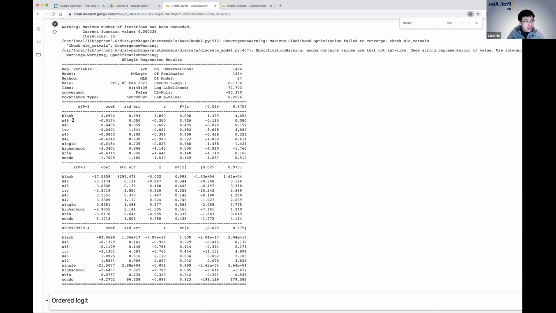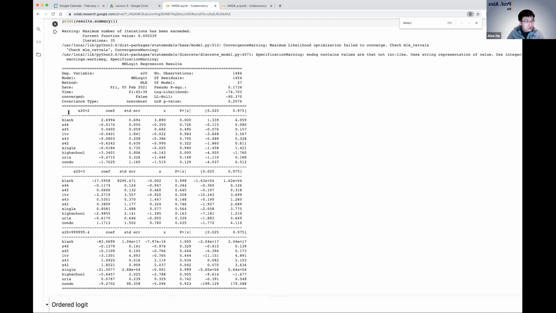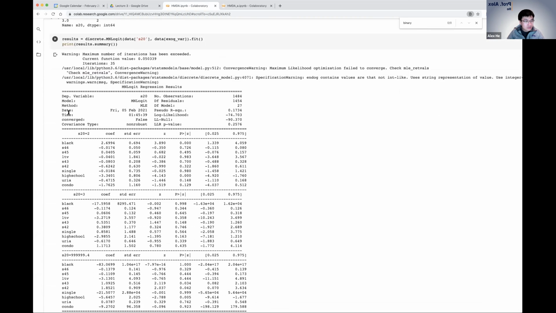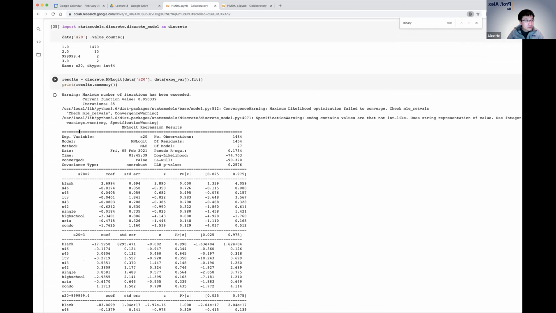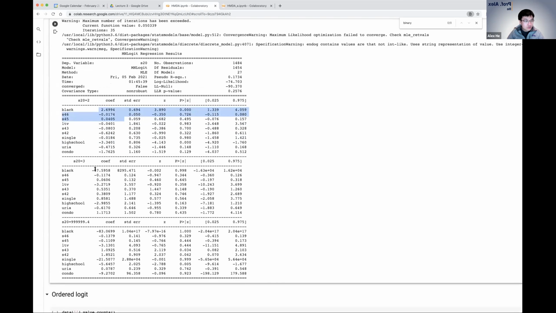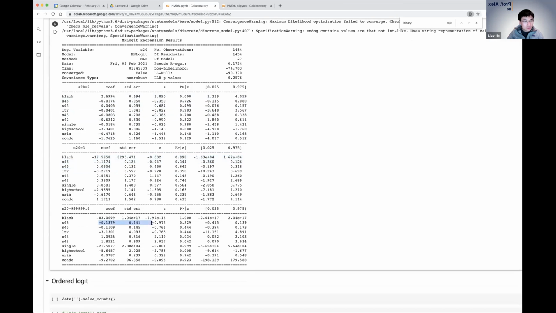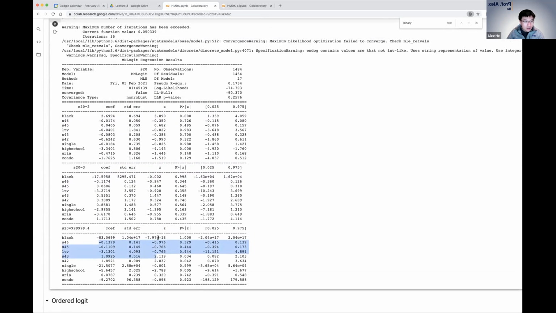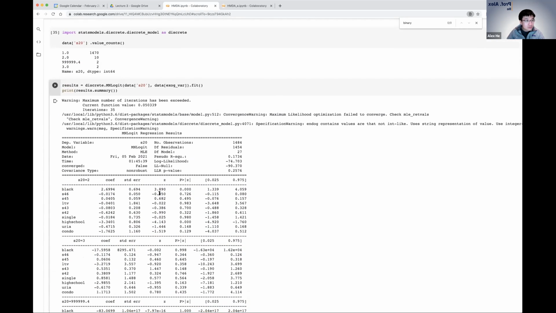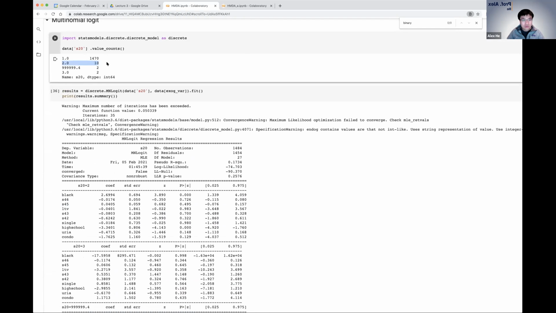The category that's omitted here is equal to 1, okay? And then 2 has these coefficients, 3 has these coefficients, 4 has these coefficients. So if you only look at the coefficients, what does 2 mean? 2 is 2 family units.